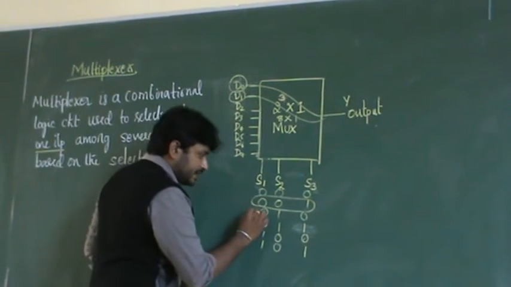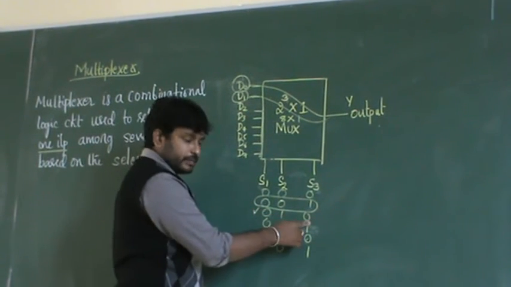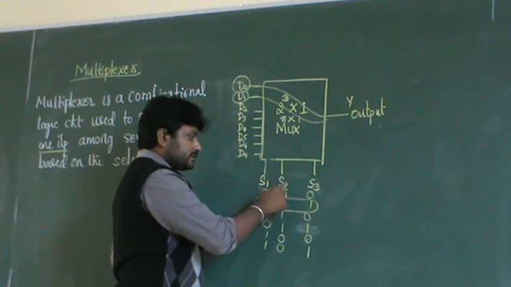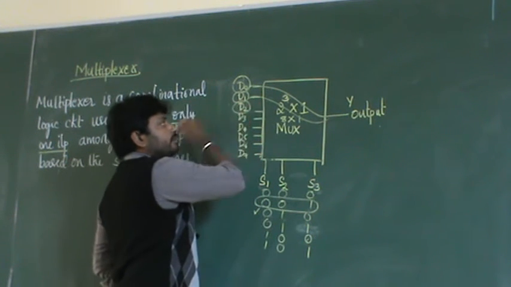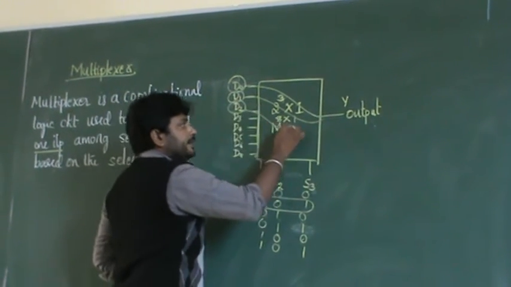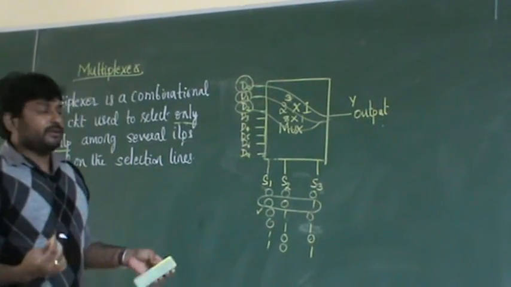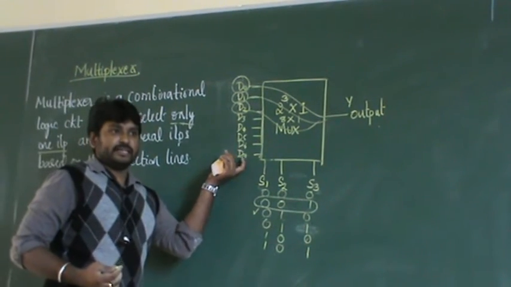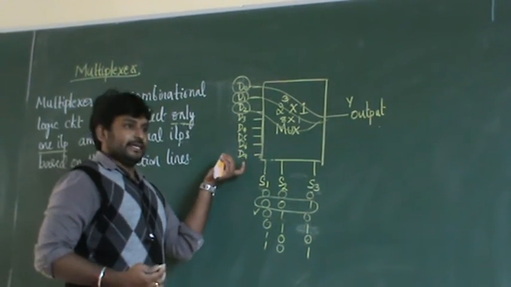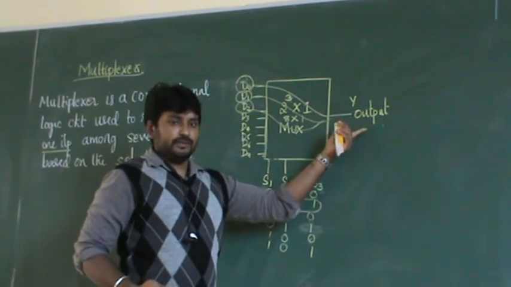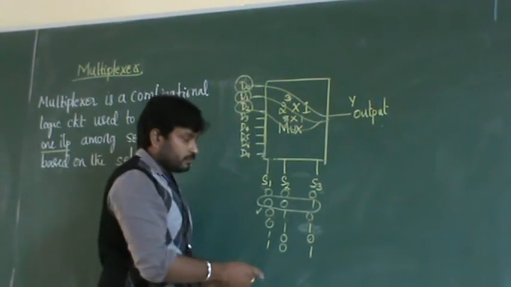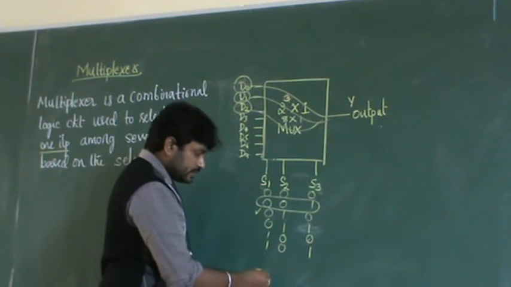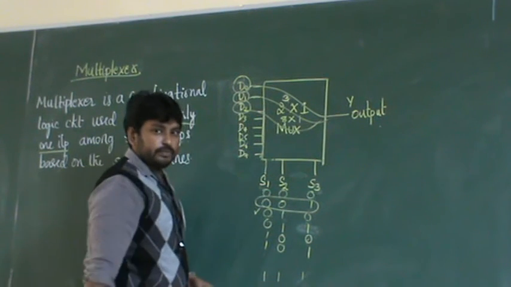If my selection line is 0 1 0, it will be selecting D2 and providing D2 to the output. Now if I want D7 to be selected and moved from the input to the output, what should my combination be? Obviously it should be 1 1 1.